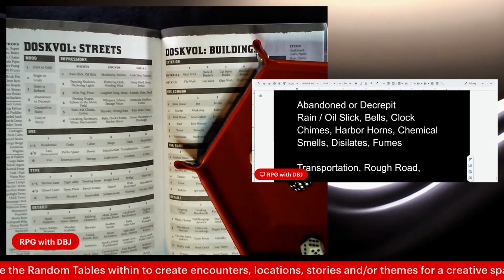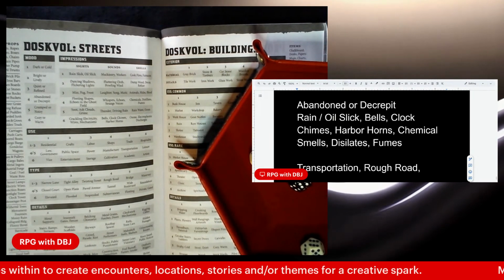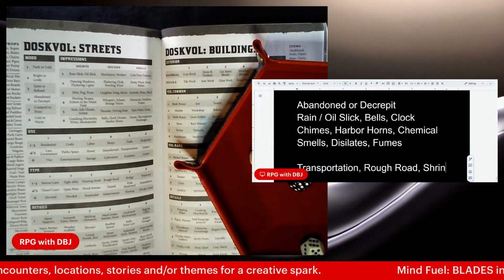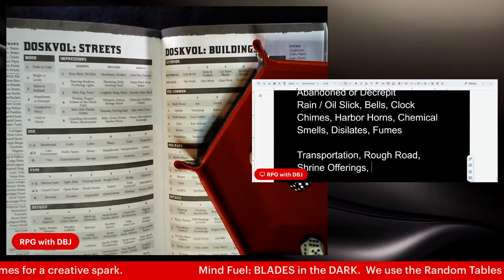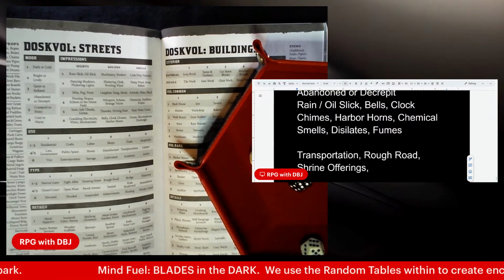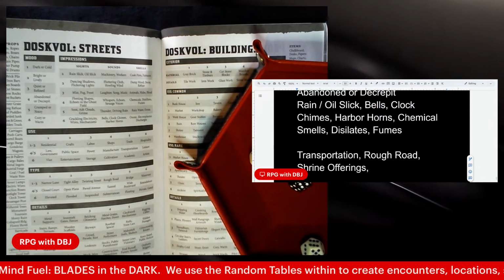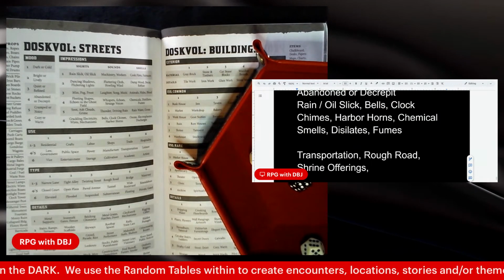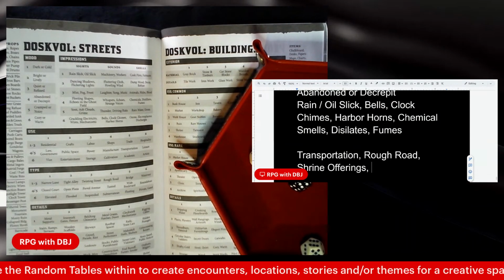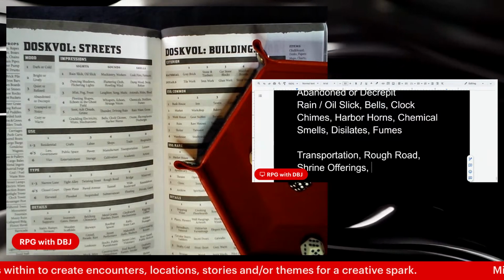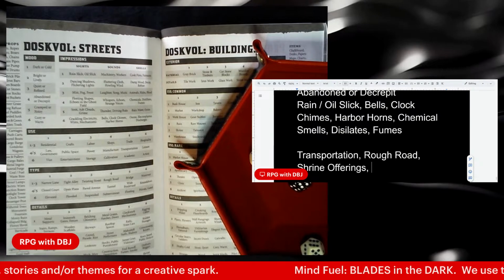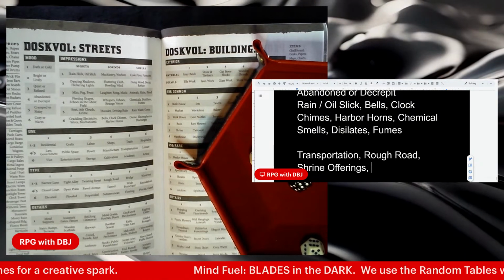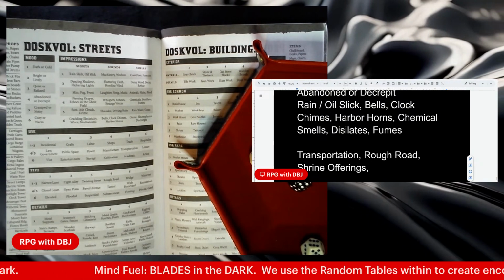All right, shrine offerings. Ooh, shrine, that could, you know, we love ourselves cultists, don't we? The tabletop community, but not necessarily. It could be a Lovecraftian shrine dedicated to some mind twisting horror of the deep, a kraken with multiple eyes or whatever.